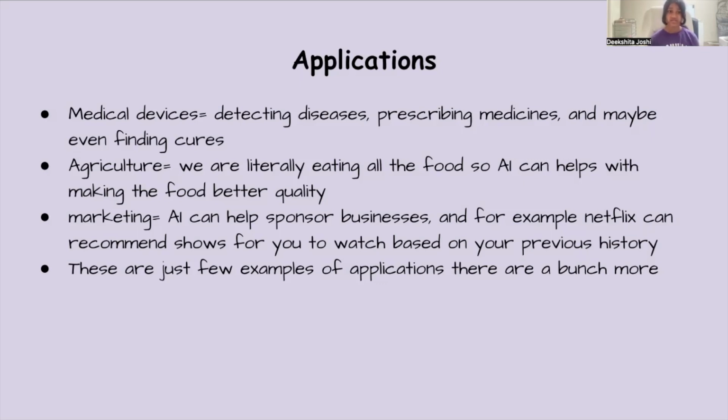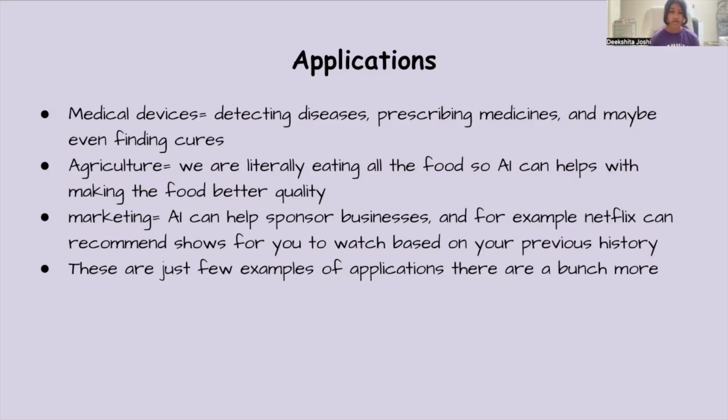If we can find cures, that's a great way to help. Agriculture: we're literally eating all of the food, so AI helps with making the food quality better. We don't like the food quality because people can use nasty chemical fertilizers, and bugs eat all our food, and AI can make it so much easier to make our food quality so much better.